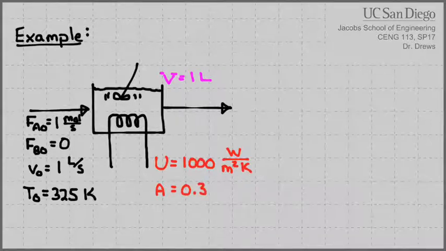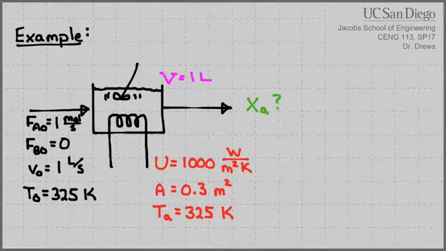Haha, nobody could have guessed that I would say 0.3 meters squared. And the coolant temperature, which is constant, is another 325. So our question for this is going to be determine X, the conversion of A.